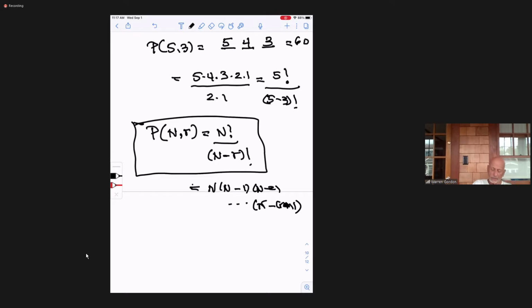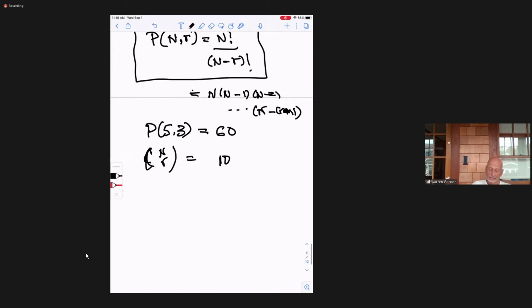Now, also notice in the previous problem that I did a minute ago, P(5,3) turned out to be 60, and C, or let's just say n choose r, turned out to be 10, right? So the question is, how are they related? Notice P(5,3), all right, C was equal to C(5,3). Oops, hold on a second.